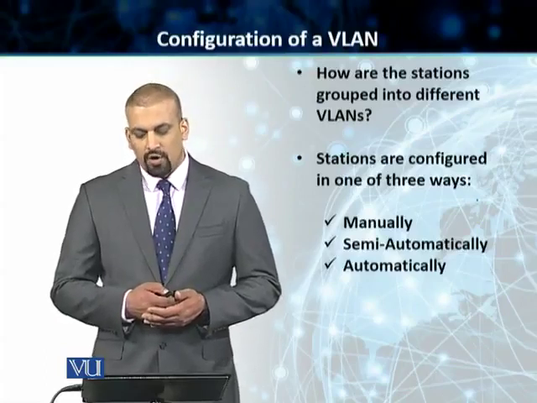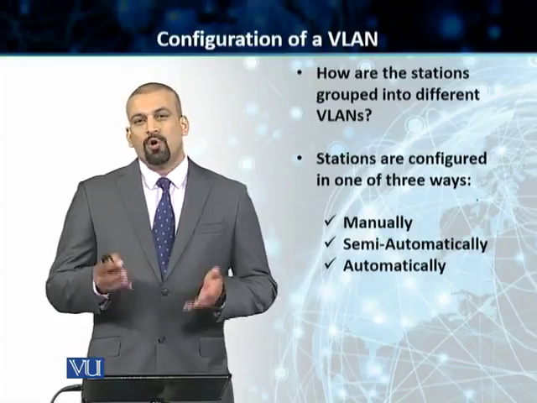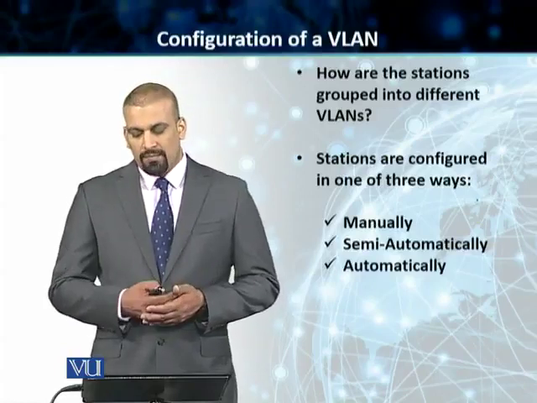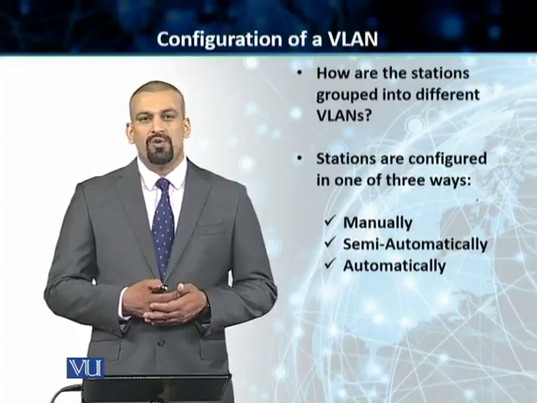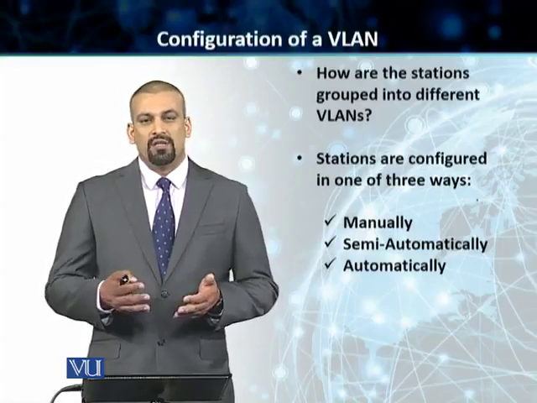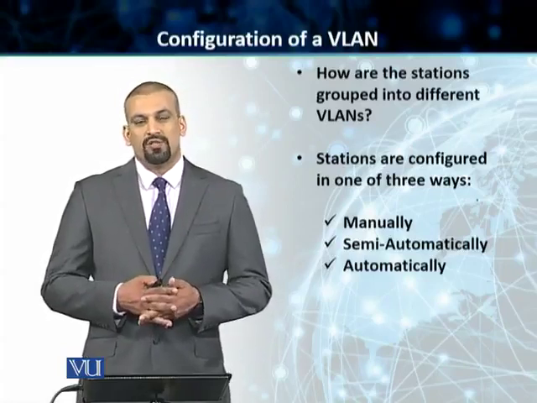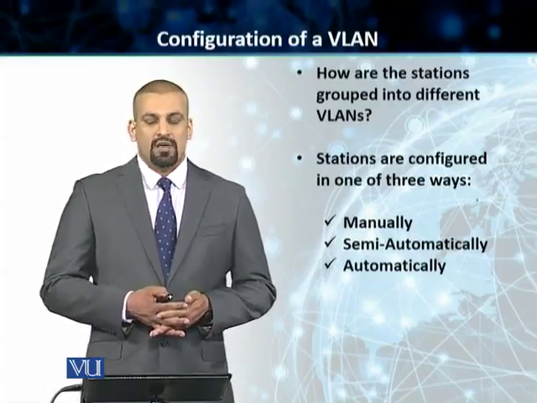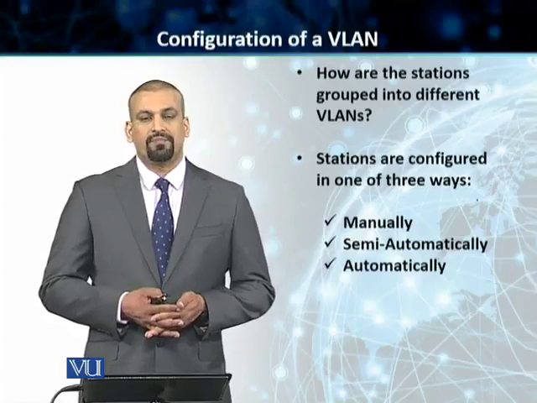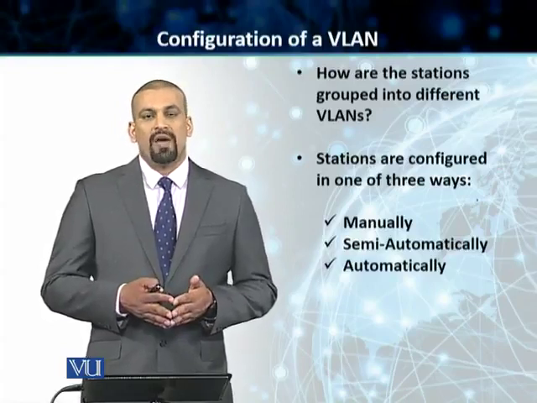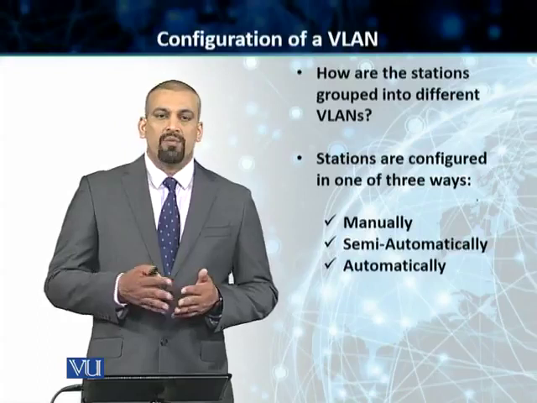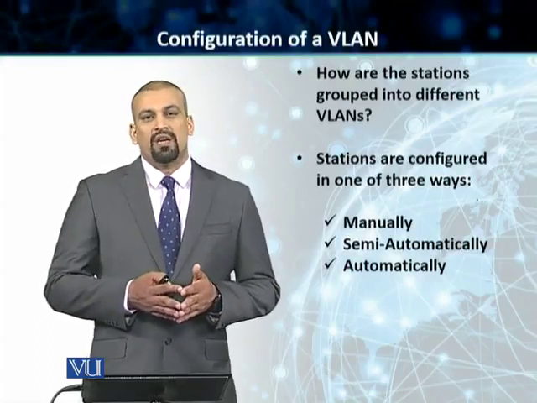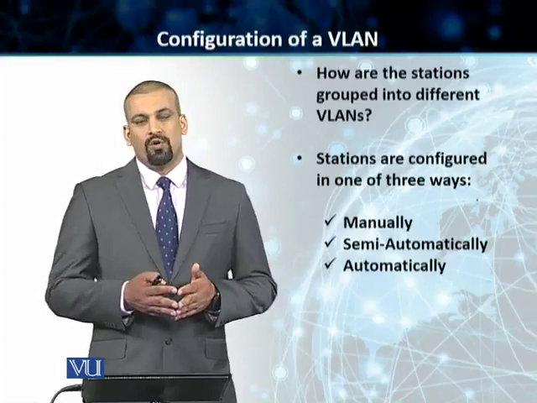After the configuration of VLAN, and how we group the stations together in a particular VLAN, there are three techniques or three ways that we use to configure the stations in a VLAN. The first is called manual, the second is called semi-automatic, and the third one is automatic. In the first case, manual, it is not about actually reconnecting the physical wiring once again, although you're working on a virtual LAN.